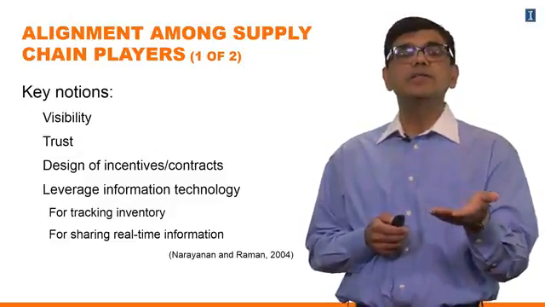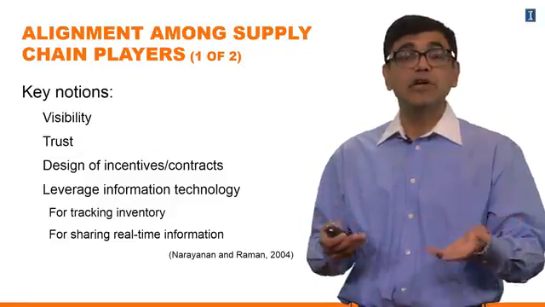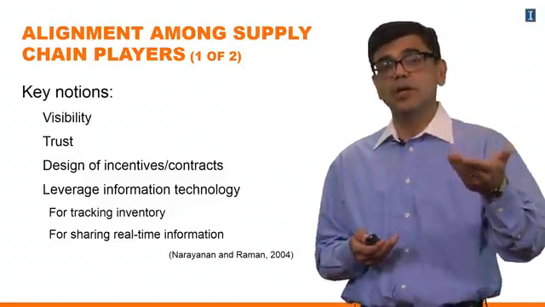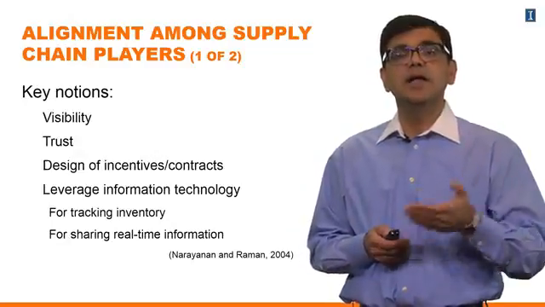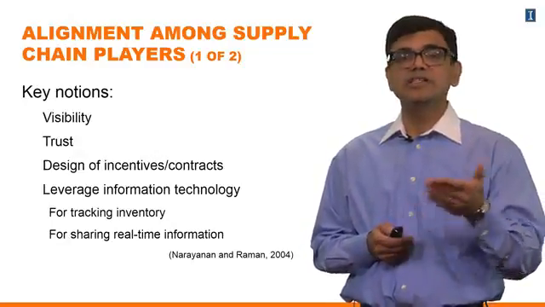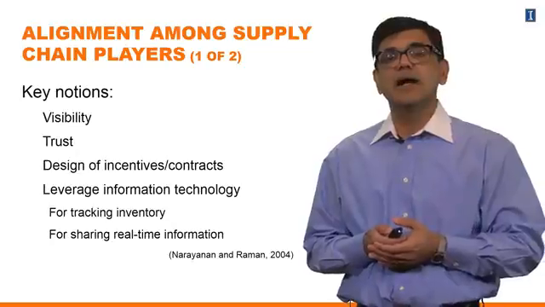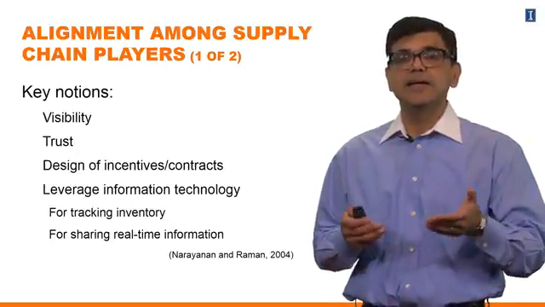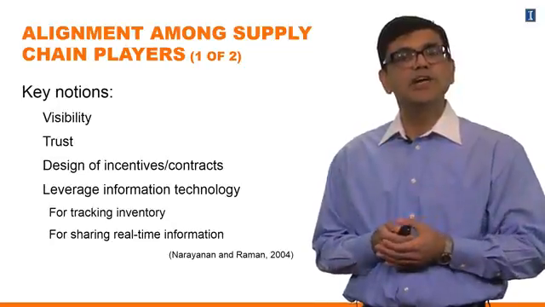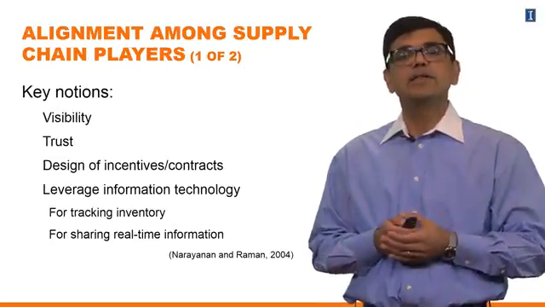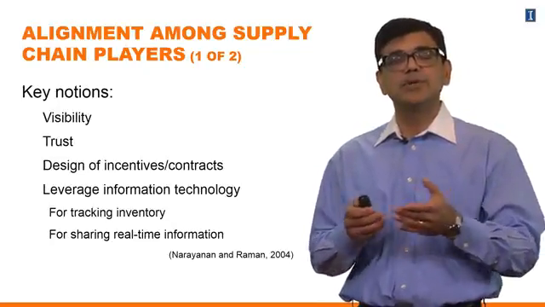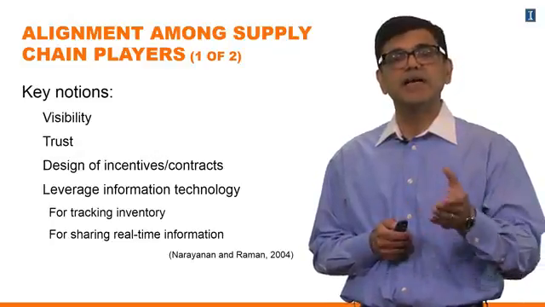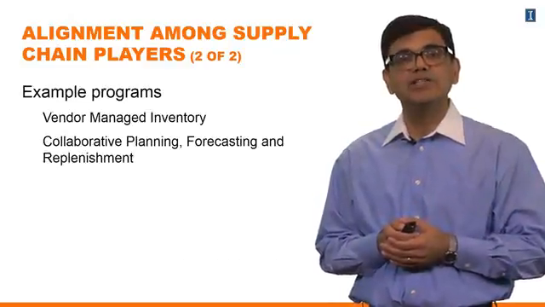And the way you can do that is if you talk more, if you communicate more. So what are the key ideas here? Visibility, trusting your buyers and suppliers, and designing contracts, designing incentives such that everybody's objectives are aligned. They're going after the same types of things. So those are important aspects to think of as you are building your supply chain.